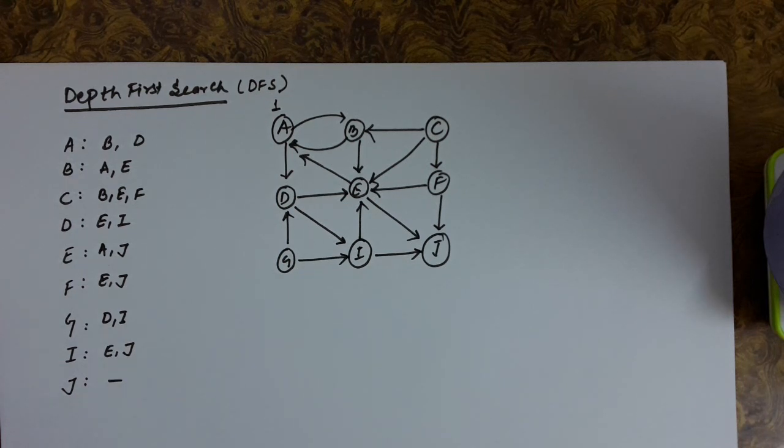We assign a start time to every vertex when it starts, and when we finish the job with that vertex, we set the finish time. So the start time and the finish time.